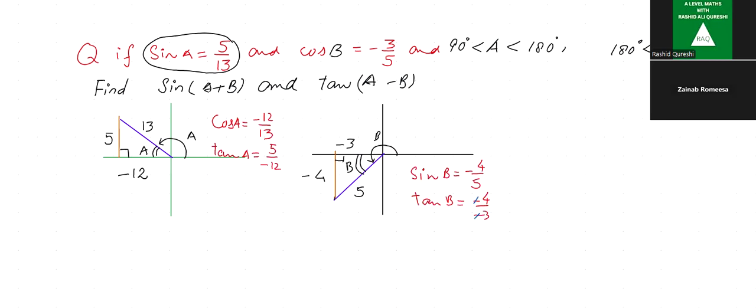Now I have to find the first answer, the first part of my question. Changing the color of the marker, suppose now the marker is green.